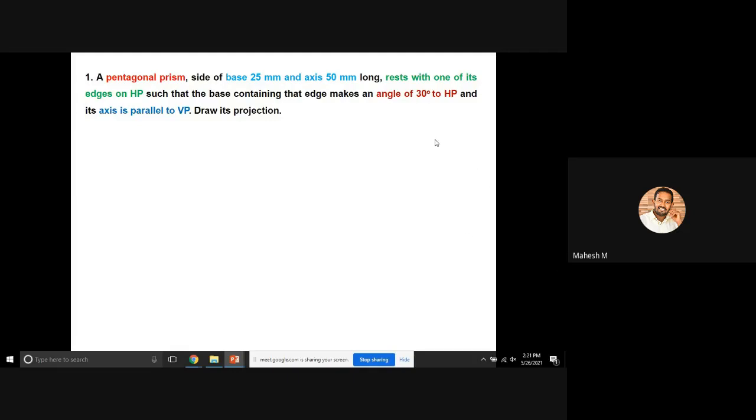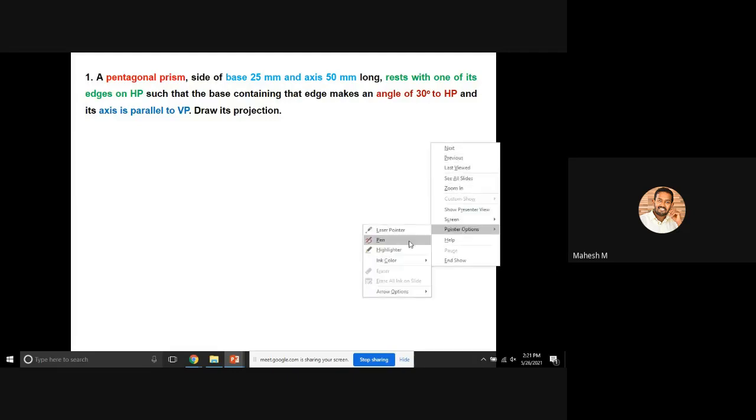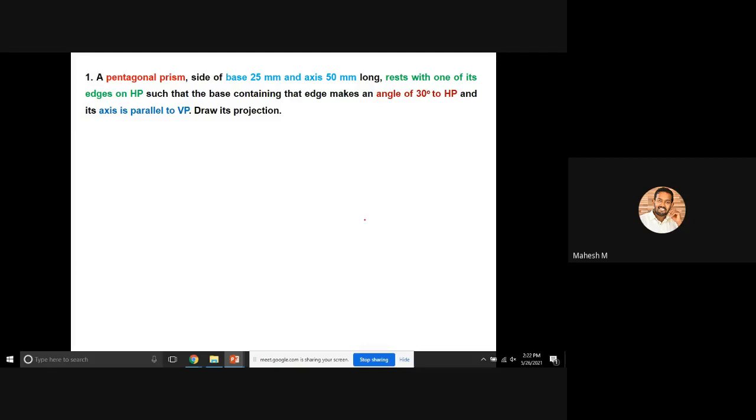So this problem, please read it out. A pentagonal prism. So we are going to discuss a pentagonal prism with a side of 25 mm. Normally we are discussing a pentagon.